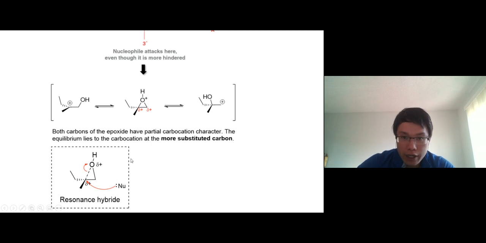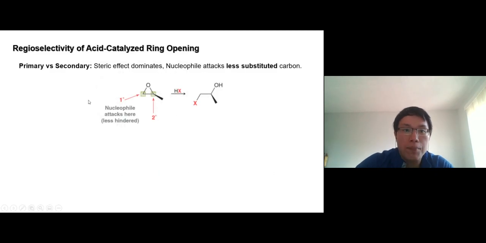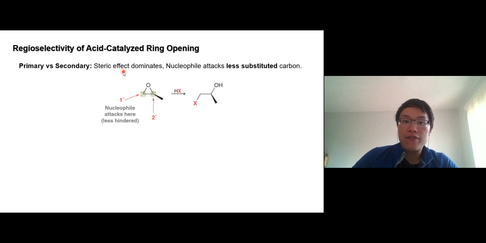All right, let's summarize what's going on in here. So go back right here. So for primary and secondary, the steric effect. There are two effects competing: the steric effect and the electronic effect. For primary versus secondary, the steric effect dominates. So this is too sterically hindered to attack right here. Of course, this one has more positive character, but the steric effect dominates.